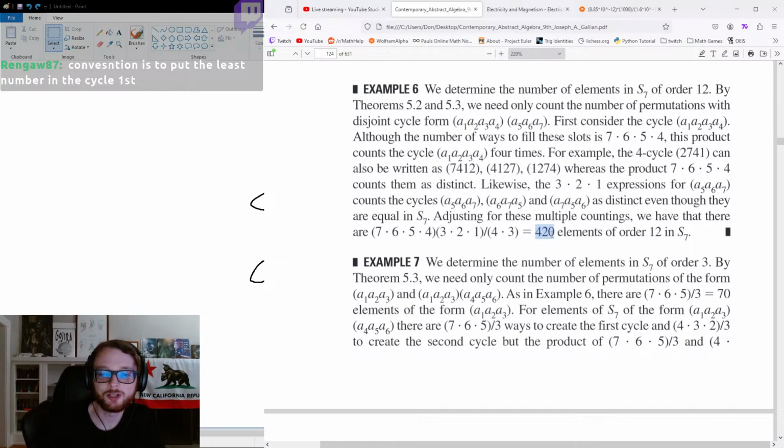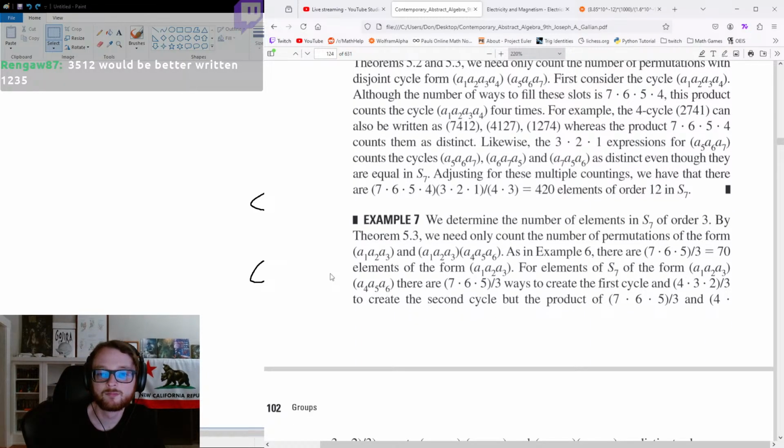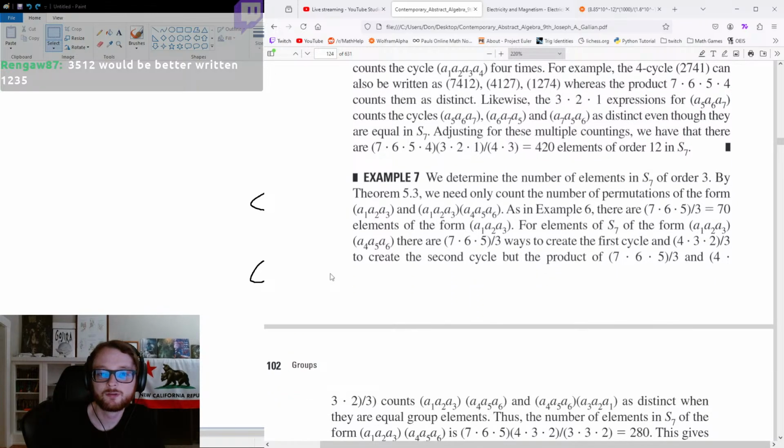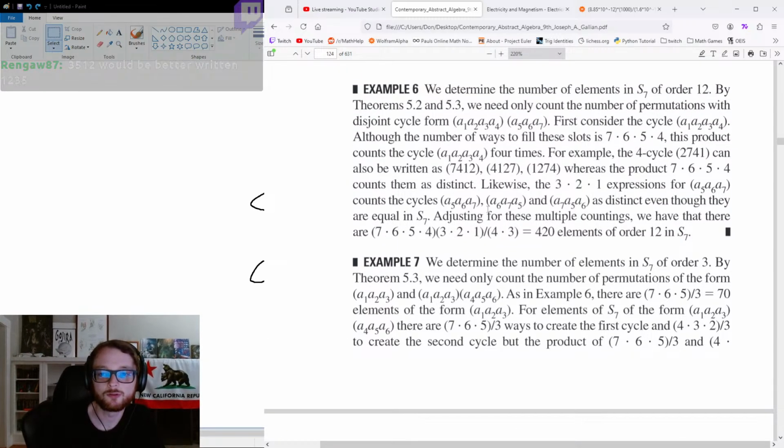Interesting. So you have to divide by the cycle length for each of these.